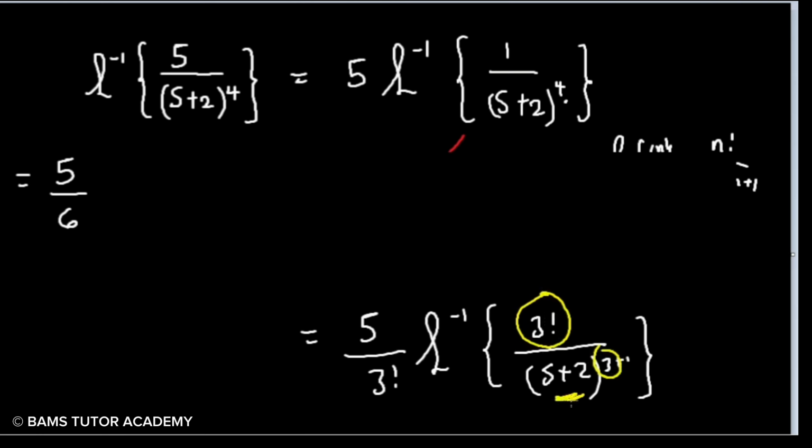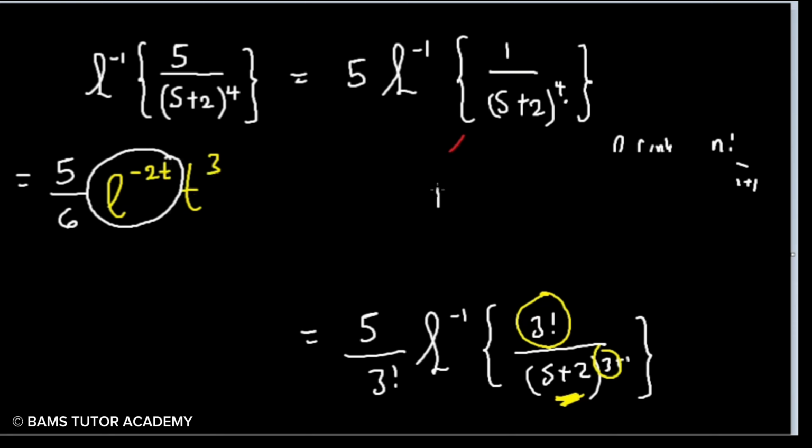But there is something here. This is not s, this is s plus 2. So our final answer, considering f of s minus a, will be exponential of minus 2t, then t raised to power 3.